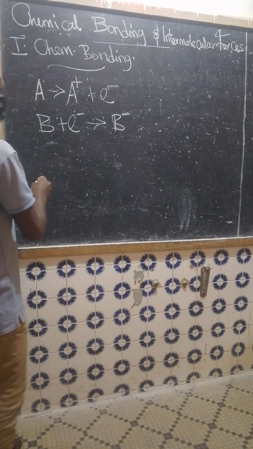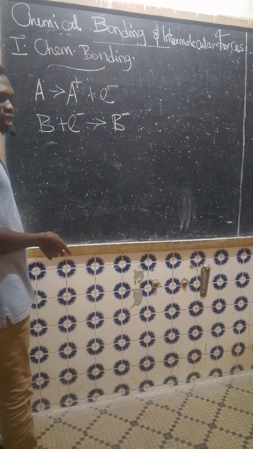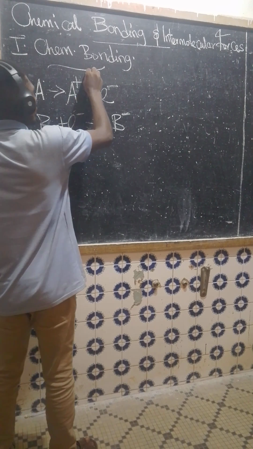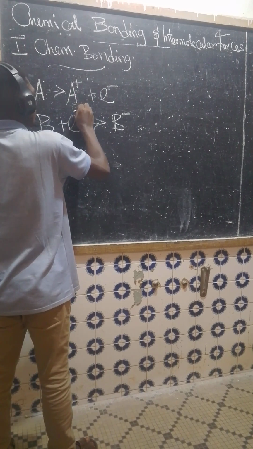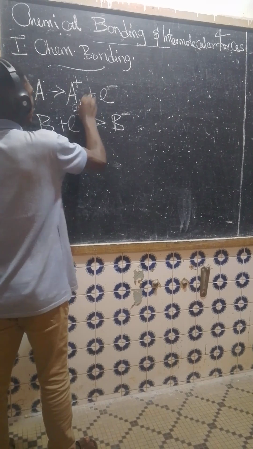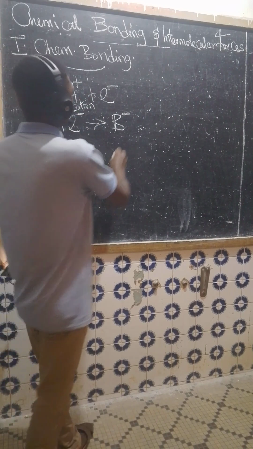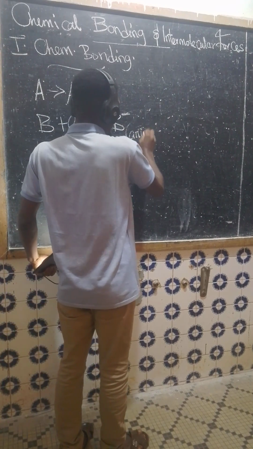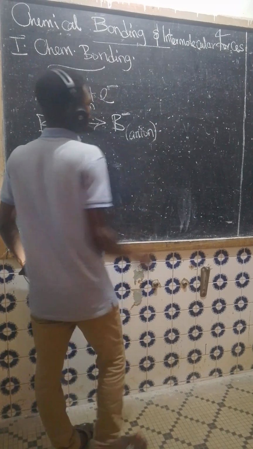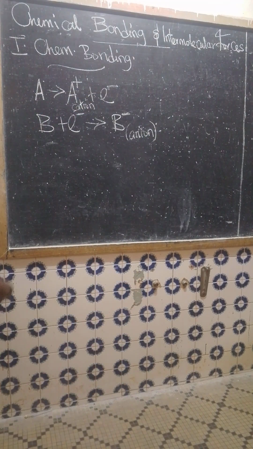This is how electron transfer is done. This ion here is called a cation because it is positively charged, and this ion here is called an anion because it is negatively charged.